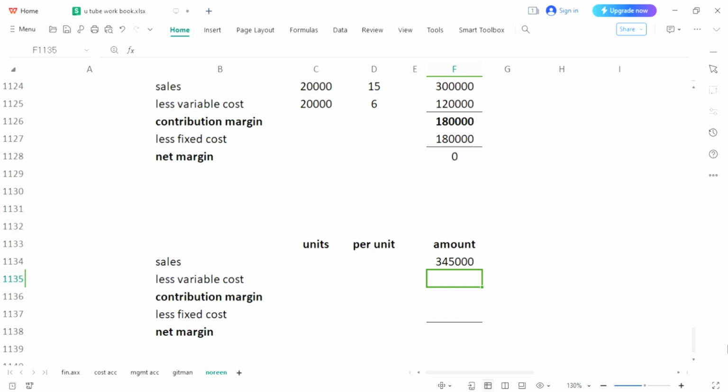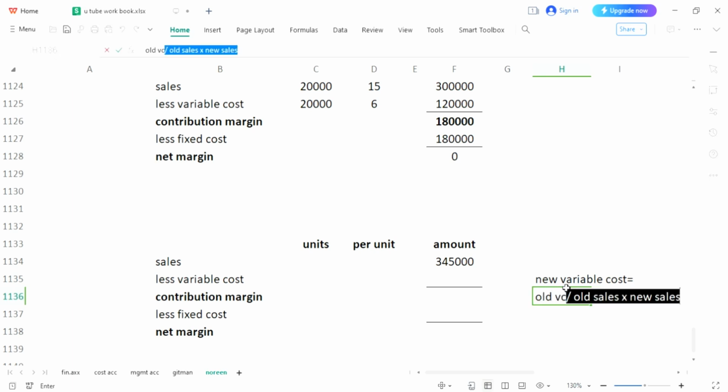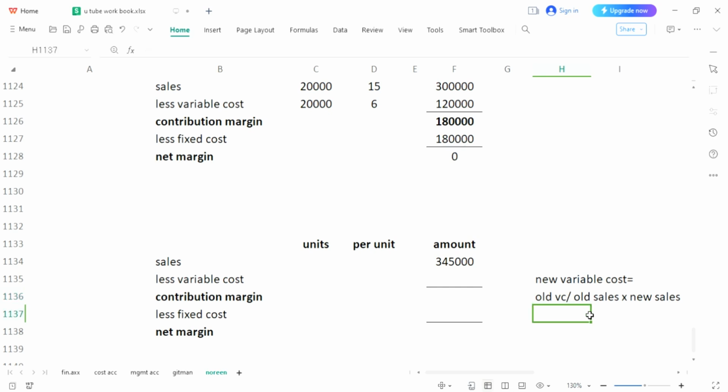Obviously it would be changed. Your old variable cost is 1,20,000. I will tell you a desi formula for new variable cost. How? You will take old VC, variable cost, divide it by old sales and multiply by new sales.